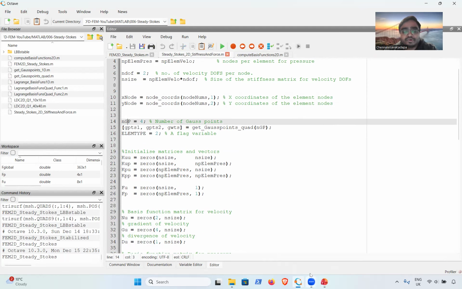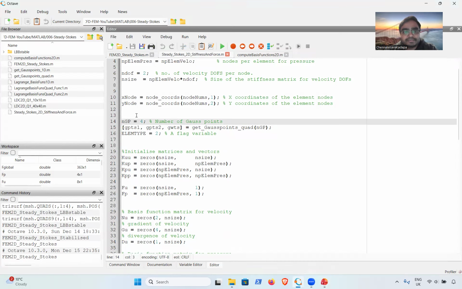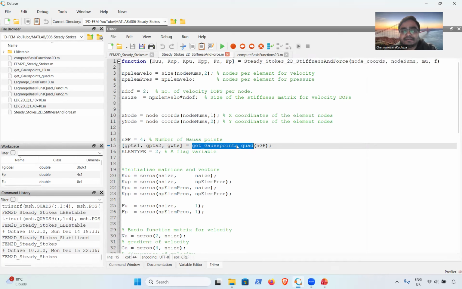Okay, so here again it is not completely automated. For a 4-noded element, we use 4 Gauss points. We can automate it further depending upon the number of nodes per velocity element; you can do it on your own later. So the number of Gauss points is 4, and I have created a function, get Gauss points quad, for quadrature.